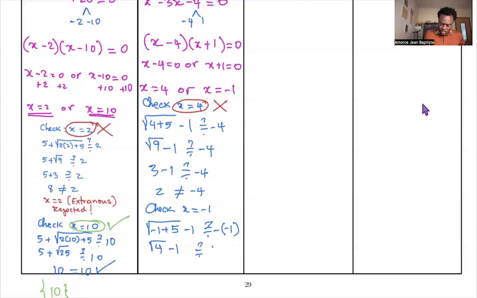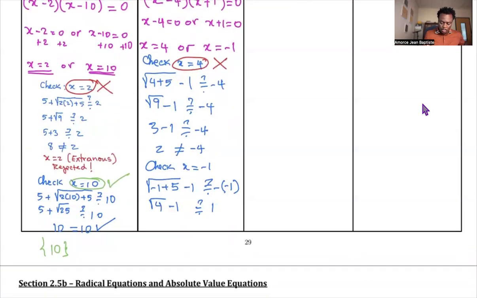Is it 1? Well, that's 2 minus 1. We want to check if it's 1. And yes, 1 is 1. So that checks. And then x equals -1 is the solution in this case. So your solution here is -1.